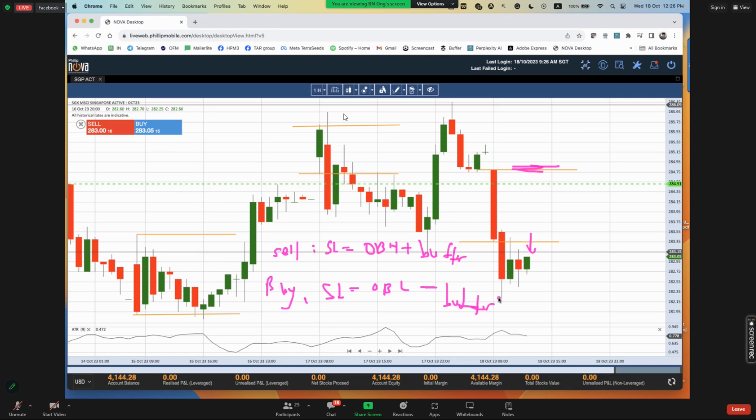Say for example, I long here. This is my place to long. I hope it can go up, but I will put my stop loss here at the bottom. If you have the OBL, then you minus away the buffer so that your stop loss can be even lower.